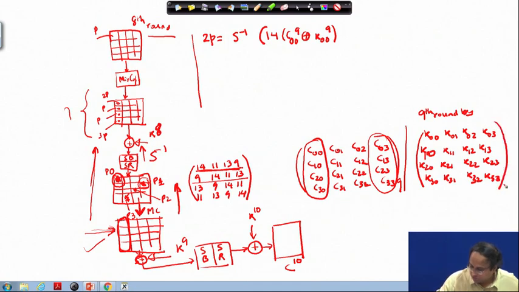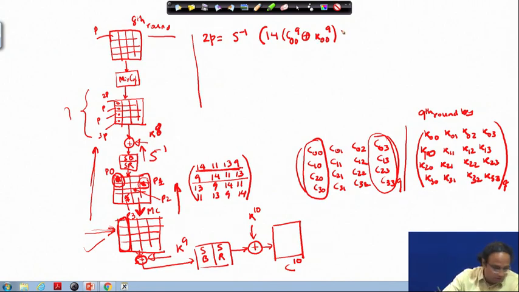This is your 9th round key. We will see later how this propagates to become the 10th round key, but right now I am just considering the 9th round cipher and the corresponding 9th round key, so I can XOR them and come to this position.